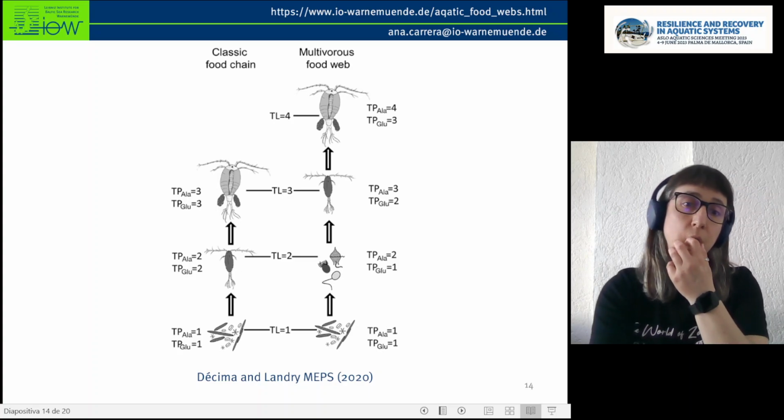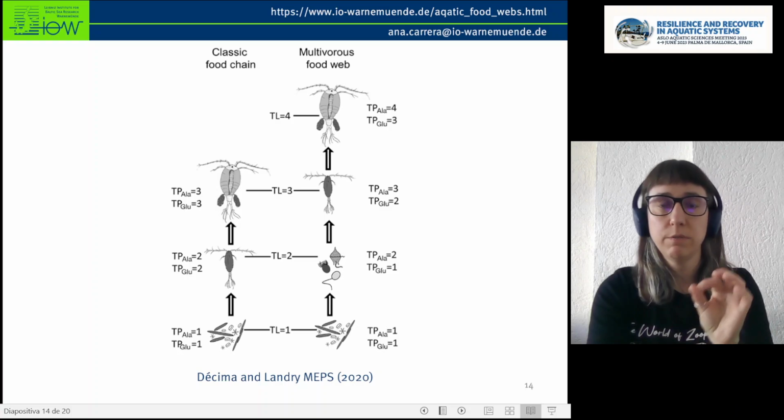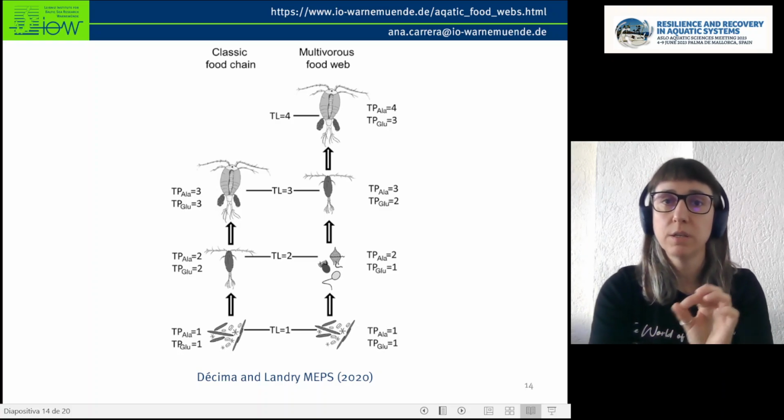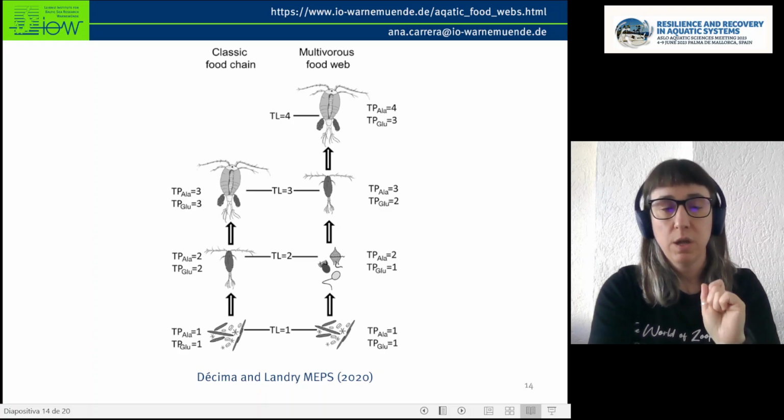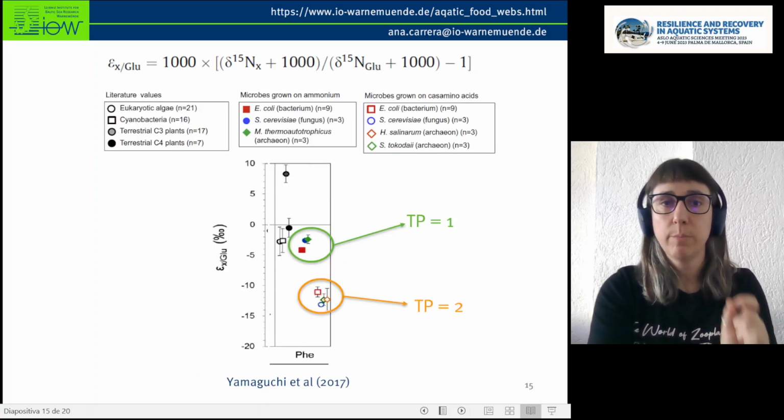So what we have decided to use is the difference between alanine and phenylalanine as a proxy for this protist heterotrophy. And then the other thing that we're going to use is the apparent nitrogen isotopic fractionation of phenylalanine versus glutamic acid. And this is just extracted from the paper as a summary.